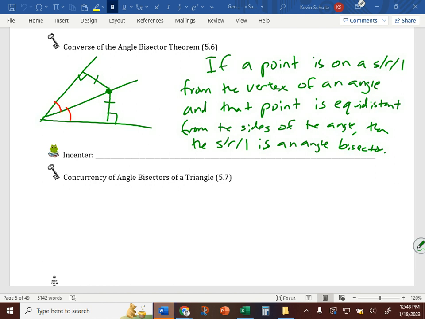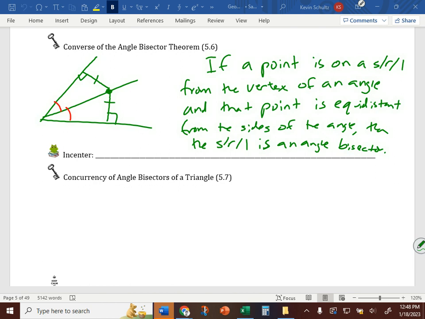If a point is on a segment, ray, or line from the vertex of an angle, and that point is equidistant from the sides of the angle, then the segment, ray, or line is an angle bisector. As we've seen before, it all depends on what information is given to us, and therefore what we can conclude.